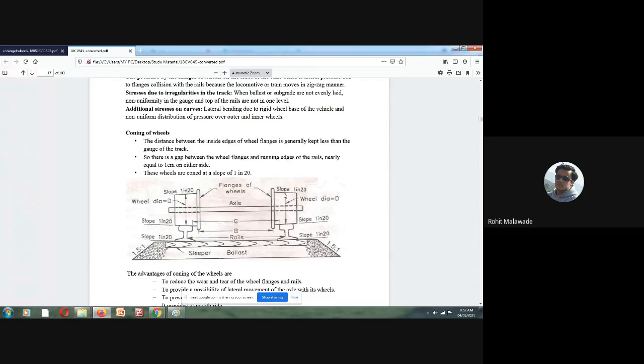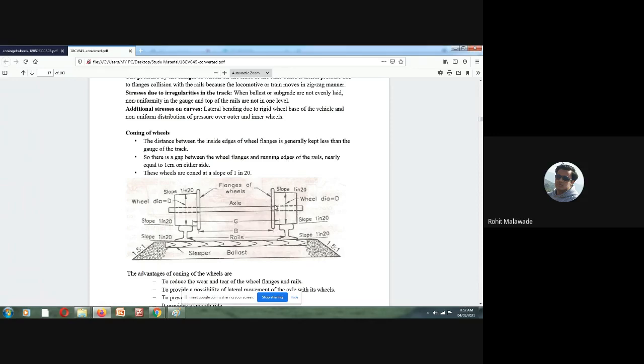By providing this particular slope, the wear and tear between the wheel and the rail is going to be eliminated to some extent. That is one of the major reasons we provide the coning of wheels. We also provide these wheels with flanges.